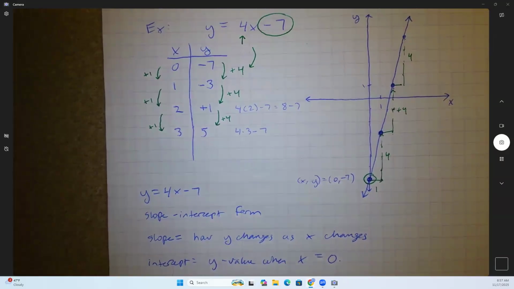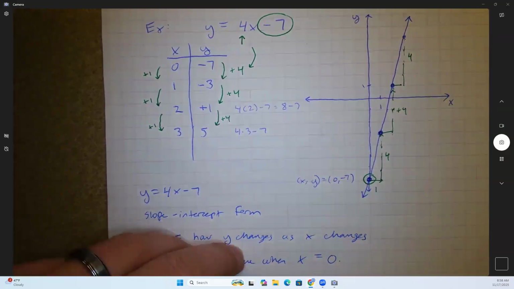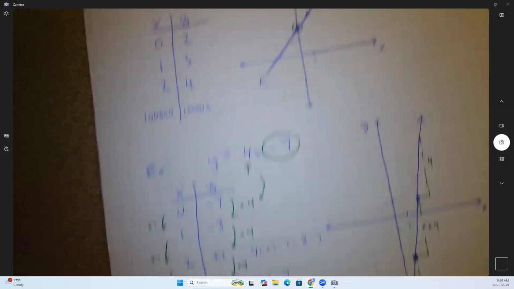Slope-intercept form is the most common way to write a linear equation because it contains a lot of useful information and allows you to graph it really quickly. In a lot of settings, you might think about a starting point, which is starting when x equals 0. So knowing that y-intercept is useful. Let's do one more example. And then we'll be done with lectures for the whole week, actually.